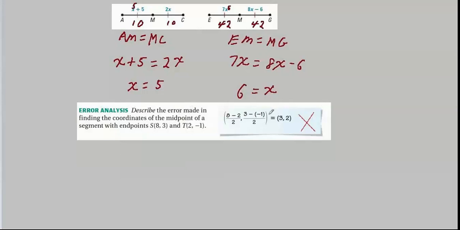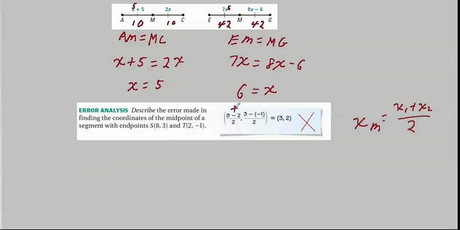Well, we have a midpoint formula that says, for instance, the x sub m, the x-coordinate of the midpoint, is x1 plus x2 over 2. And what do we have here? Well, I think they subtracted here. And here we have 3 minus, oops, they subtracted again. So that's what's wrong.